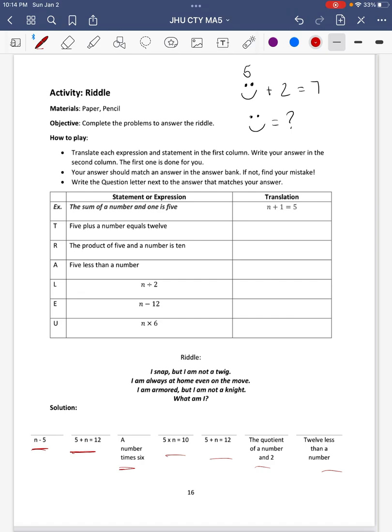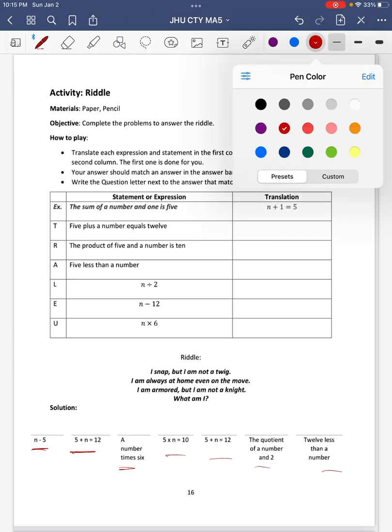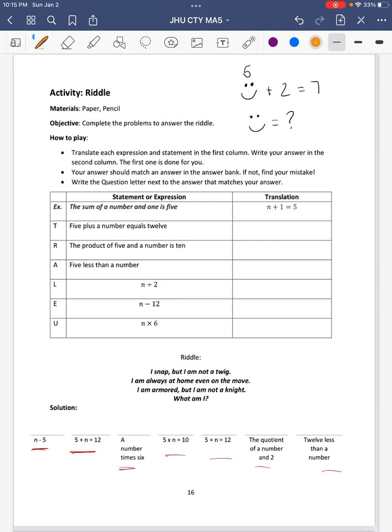So 5 plus a number equals 12. 5 plus some number equals 12. Okay, so now I'm writing an equation. I know I'm going to have an equal sign because it says equals. I know that plus means I'm adding. Okay, and these are my numbers.